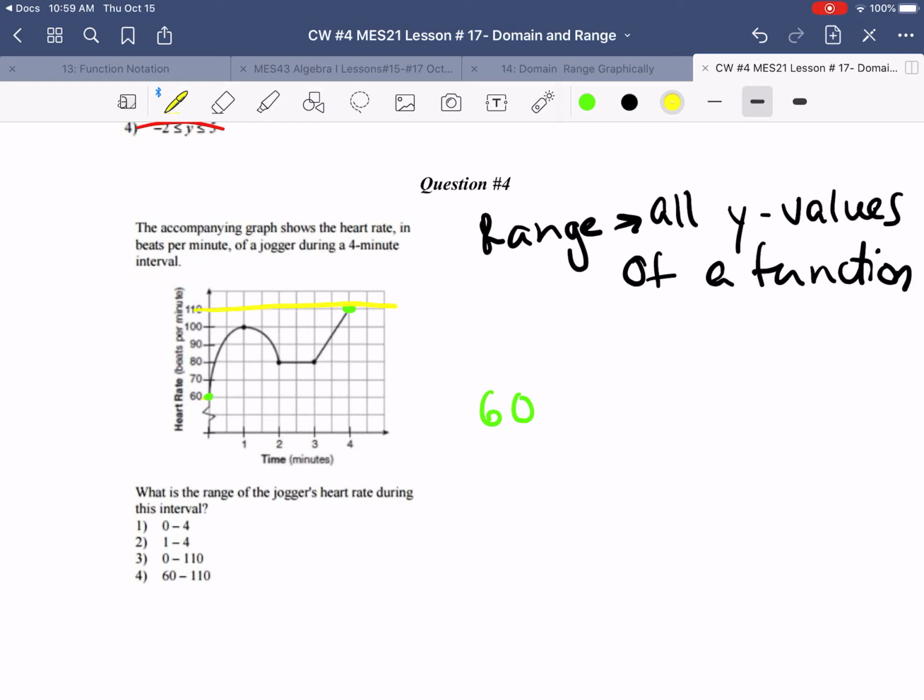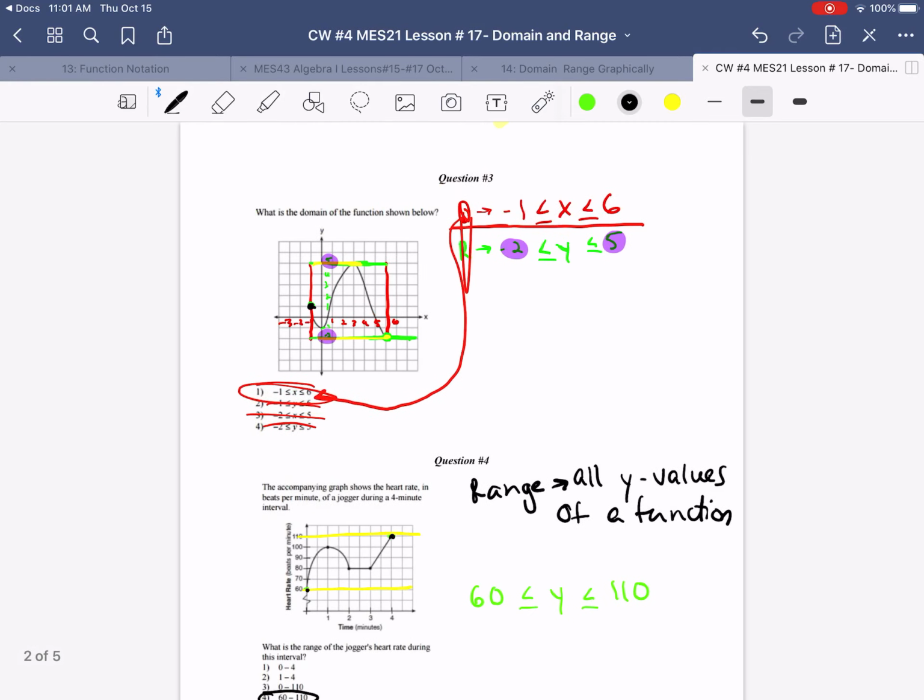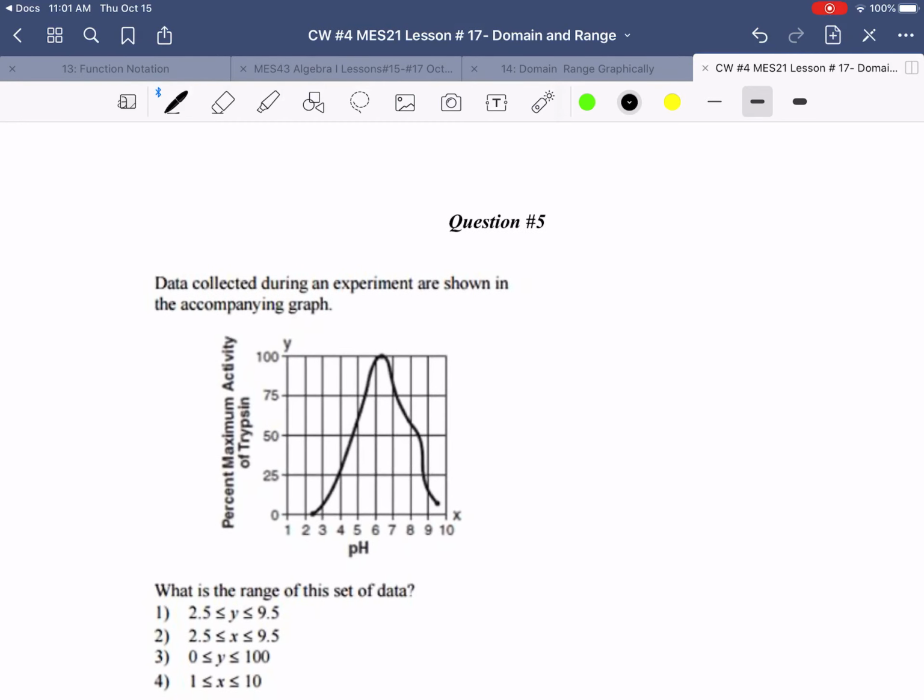So I'm going to do one more range question with you, and I think we'll leave the rest as your independent work. So just check what they're talking about. So they're asking about range. So we're talking about the y values. So again, I'm going to use the top of the rectangle method.